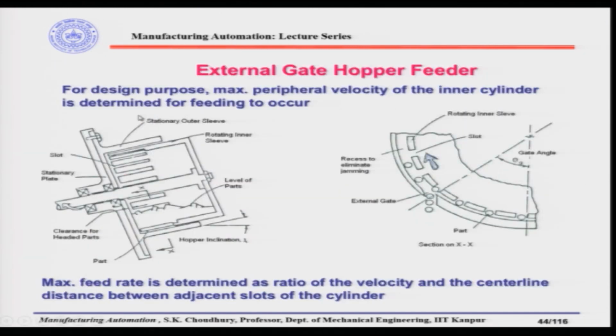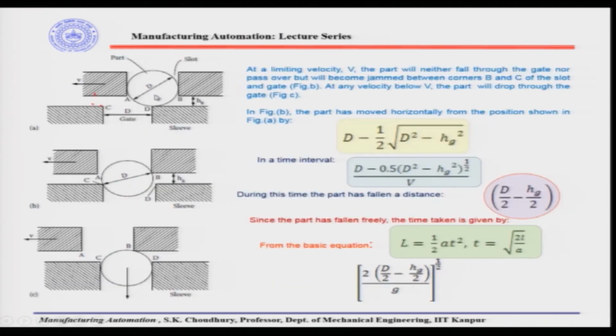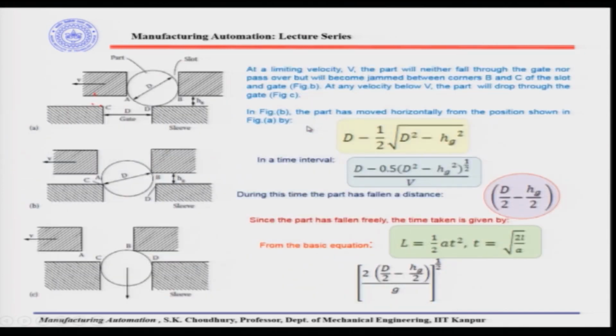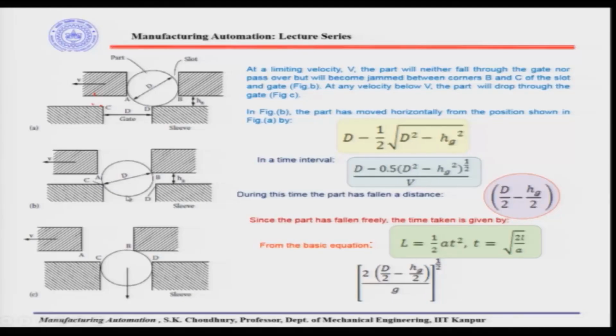As we are discussing in the case of the external gate hopper feeder, what we have to find out is the critical velocity, and we know the distance travelled. The critical velocity can be found from the distance travelled, that means, while moving from this position to this position, the part is moving horizontally a certain distance and at the same time the part is moving vertically, that means falling down.